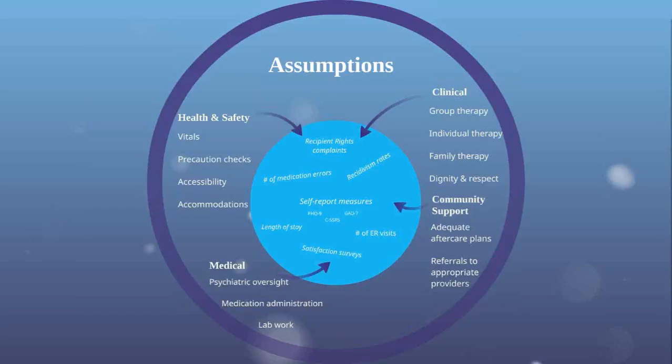So assumptions of services that are provided, the first is health and safety. So taking vitals every day, doing what are called precaution checks. So for those of you that aren't familiar, that just means checking on someone every 15 minutes or so to make sure that they're safe. Accessibility. So for people who have special needs, maybe they're in a wheelchair, maybe they're blind.